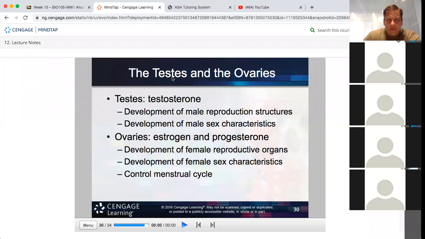Then we have the testes and ovaries. The testes produce testosterone hormone that helps in the development of male reproductive structures and development of male sex characteristics, and the ovaries produce estrogen and progesterone, and they rule the development of female reproductive organs, development of female sex characteristics, and control the menstrual cycle.